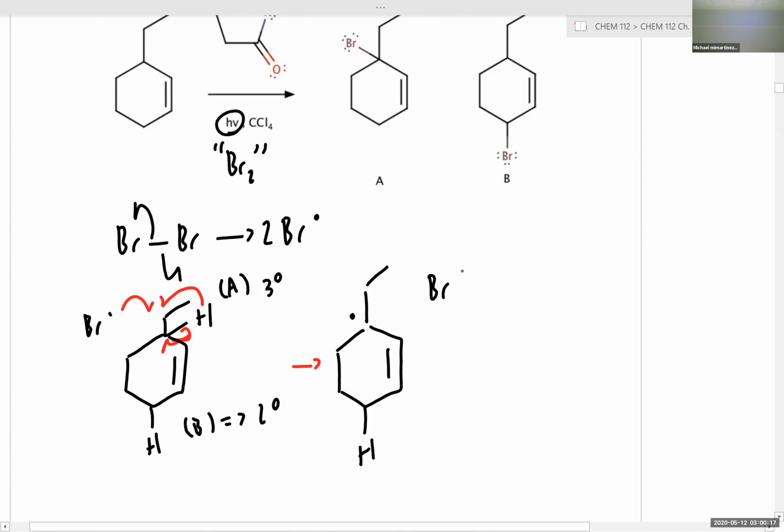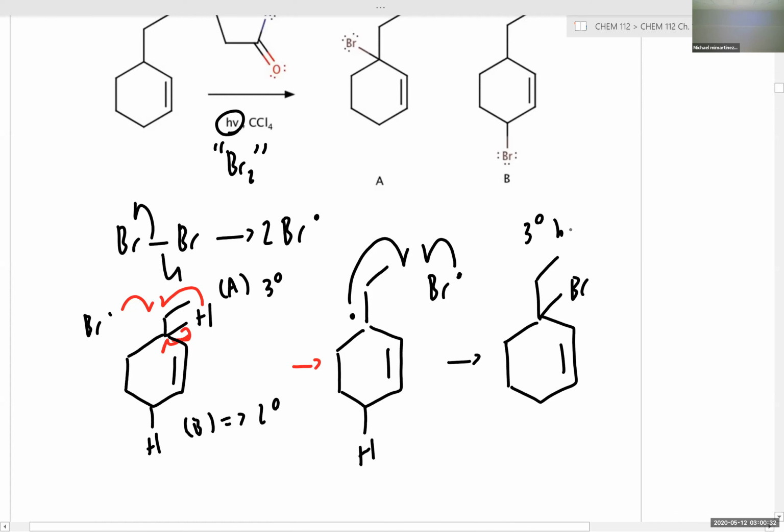Now that we have a second bromine radical, we can combine with it and we'll selectively generate our tertiary bromide. So you can get regioselectivity from allylic bromination.